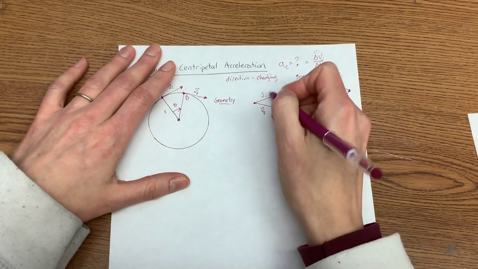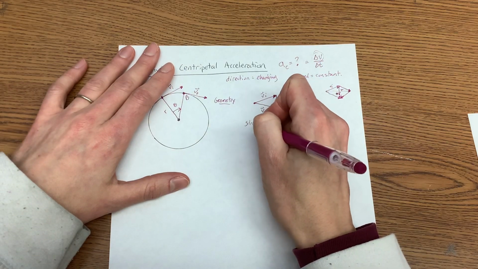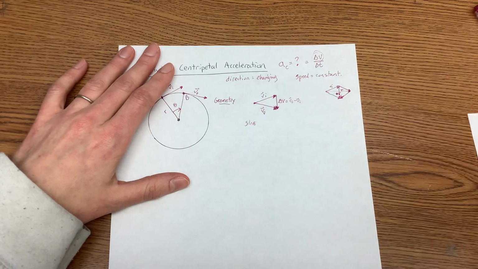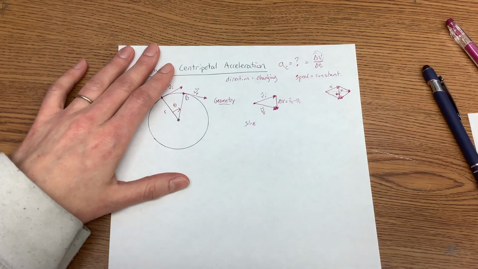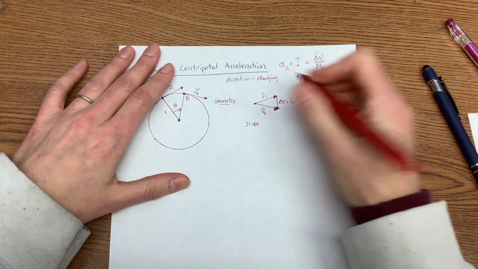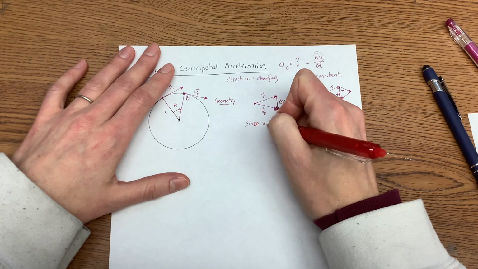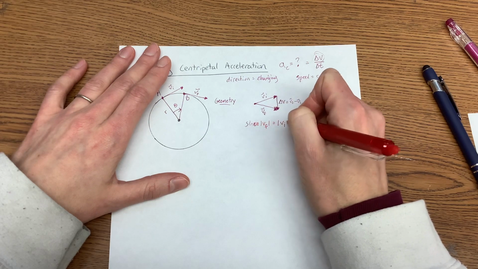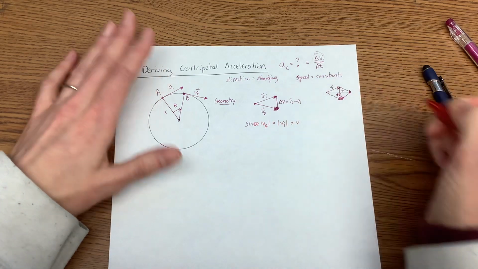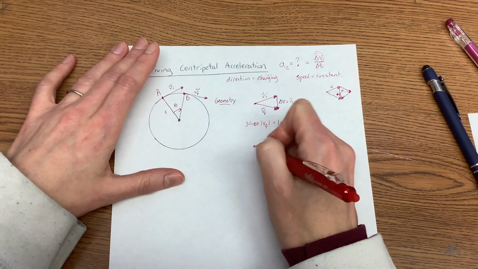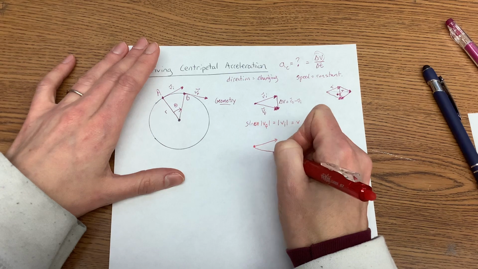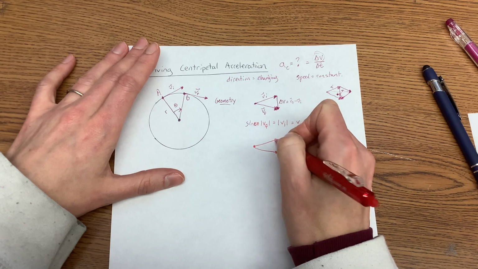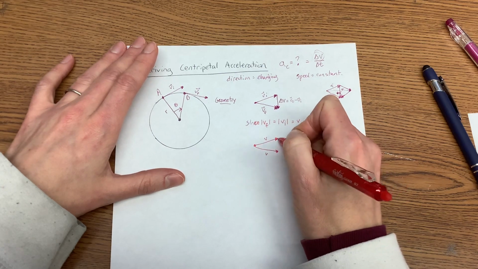Now, since the magnitude of VF is the same as VI, which is just V, I'm going to replace that in my triangle. So this triangle is going to look like this.